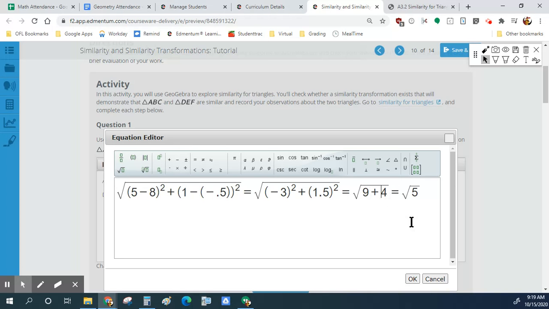Squaring 1.5, I've said it a few times. I memorized 15 times 15 because of that Batman Beyond episode. It's 225, but since two numbers are behind the decimal, that's why I have two numbers behind the decimal over here.